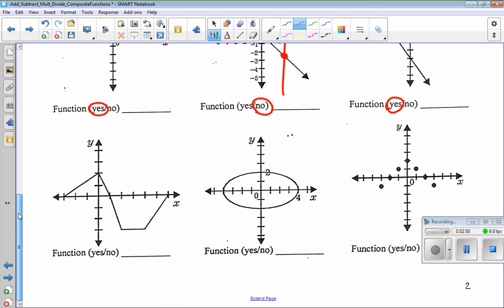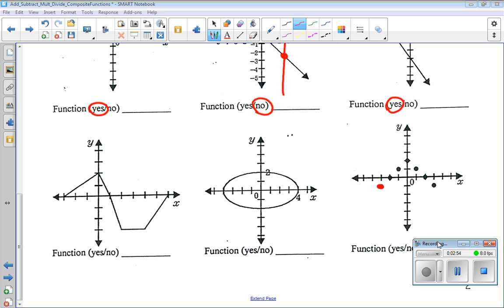Using that idea, tell me what you think about these last ones. This last one's kind of hard. I'm going to draw these dots in red so you can see them in the back. Only vertical line, not horizontal. Okay? Horizontal is something called a one-to-one function, which we're not worried about. The middle one, yes or no? It's not a function. I agree. That one's not a function because it hits it twice. How about the first one?